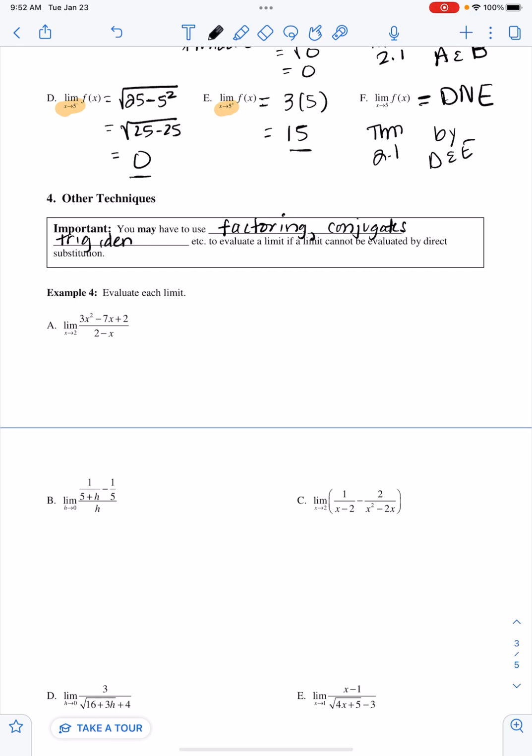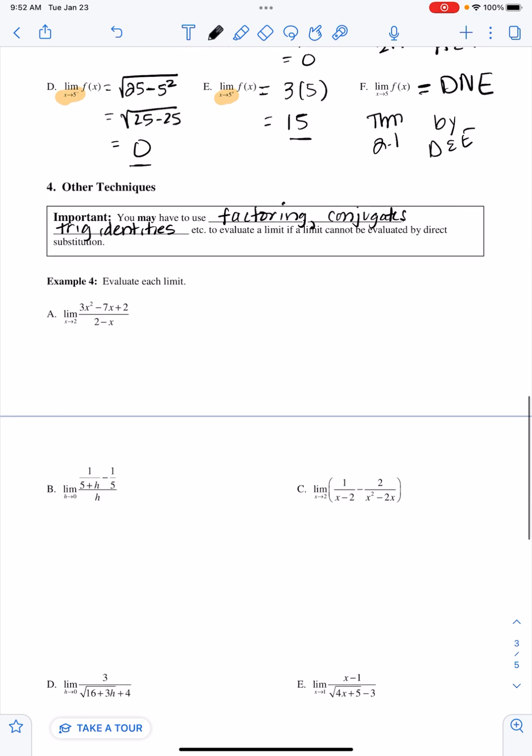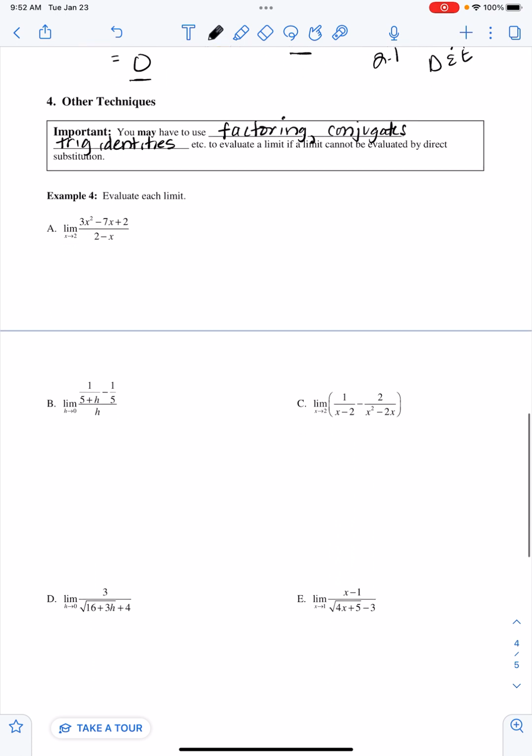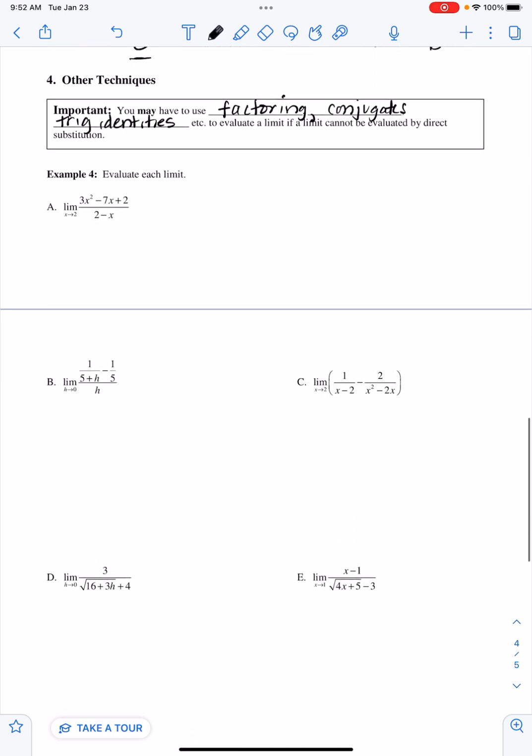Remember, I did post a trig identity sheet in Brightspace if you need it. You may have to do other things like find common denominators. So any of those algebra tricks of the trade could be used. Okay, so we're going to do a couple of these today just so that you can see some algebra tricks that you might want to use.